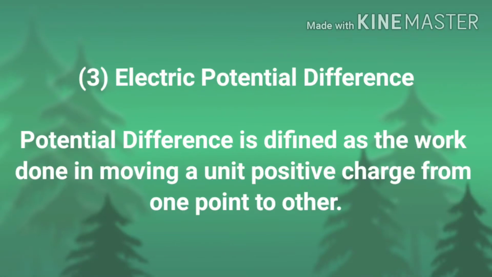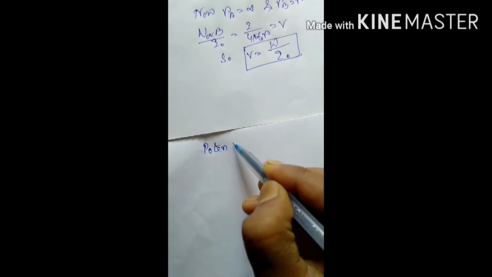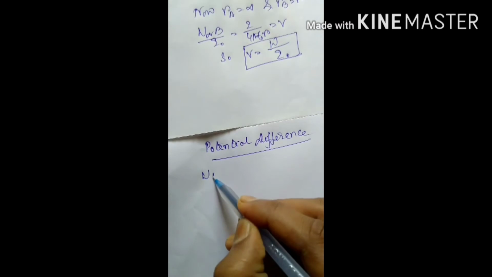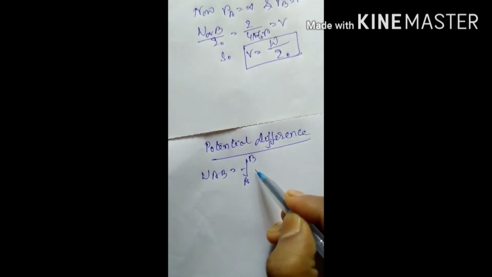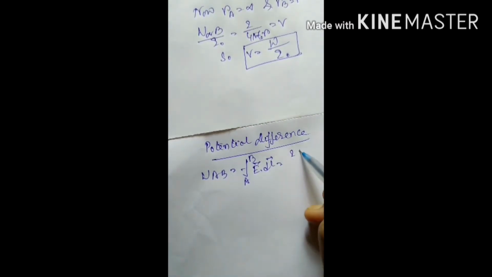Now number 3, electric potential difference. Electric potential difference between any two points is defined as the work done in moving a unit positive charge from one point to the other against the electrostatic force, irrespective of the path followed. W_AB is equal to integration from A to B of E vector dot dl, that is equal to Q naught by 4 pi epsilon naught into 1 by R_B minus 1 by R_A. W_AB by Q naught is equal to Q by 4 pi epsilon naught into 1 by R_B minus 1 by R_A.